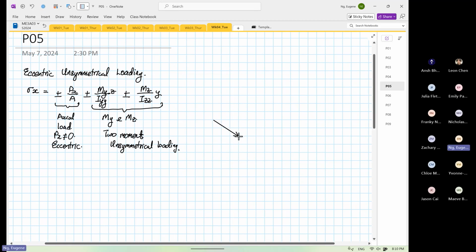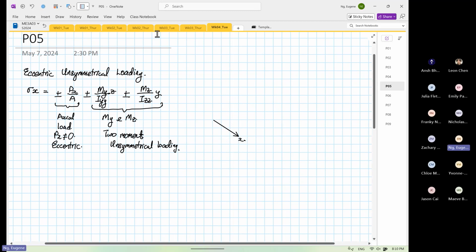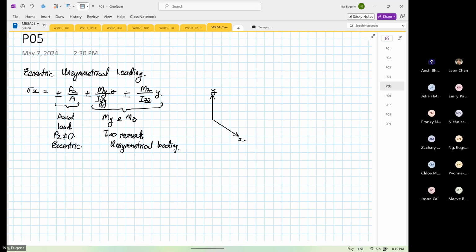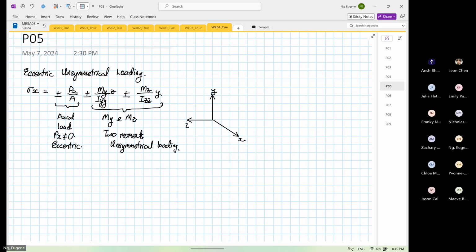I think this is the best. Okay, so this is my x, and then this is my y. And then we have another axis over here. This is my z.